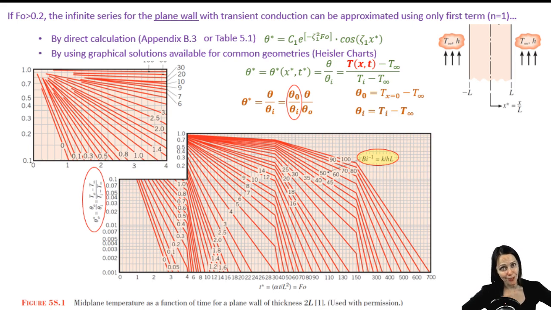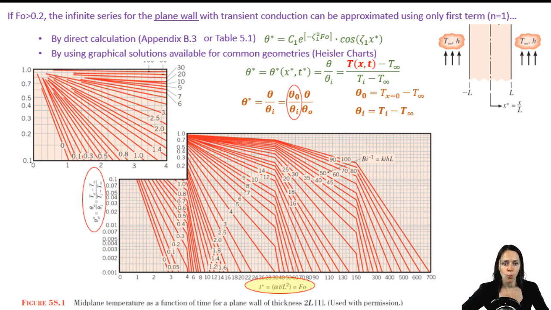Note that this is calculated with L, half the thickness of the wall. And if you've done your calculations correctly, all the units should cancel out, and 1 over the Biot number should be dimensionless. Then you need to calculate your Fourier number, which is your dimensionless time. And once again, L is the half thickness of the plate. Also note that this is not a linear scale on the x-axis, so just be aware of that.